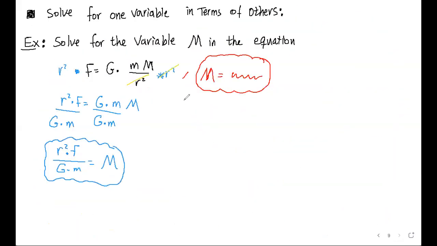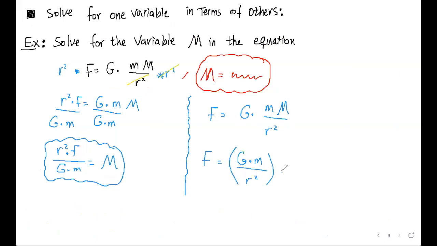There is another way to solve something like that, by factoring this side by M. So if I have F equal G times small m capital M over r squared, I factor this side by making M equal: F equal G times small m over r squared, times M. Then we multiply by the reciprocal for this.